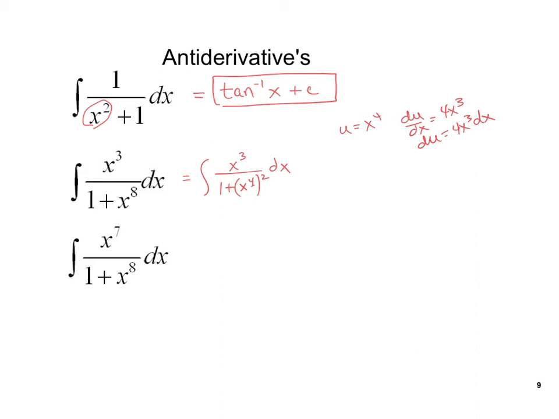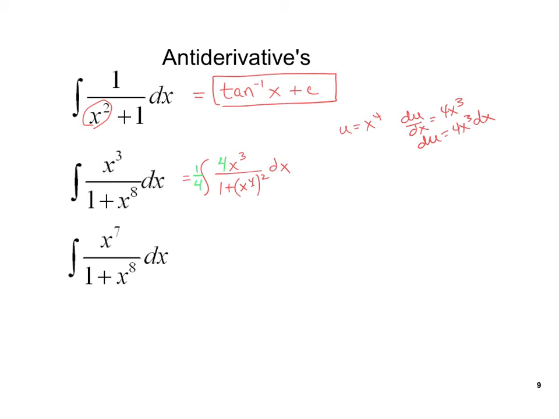Well, that's almost what I have. And I can easily make it 4x cubed by just multiplying it by 4. Well, of course, you can't go around multiplying things by 4 without changing the value of them. And of course, that 4 could be pulled around front if I did put it there. But we can't just multiply it by 4 unless we also multiply it by 1/4 to cancel it out.